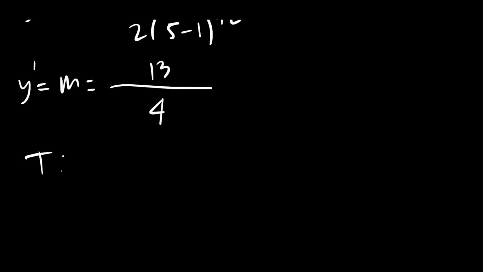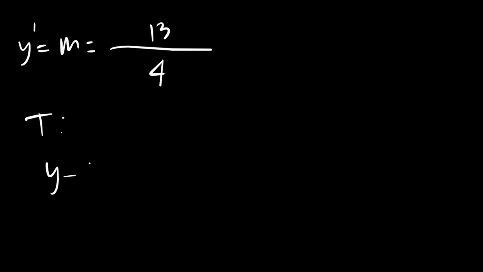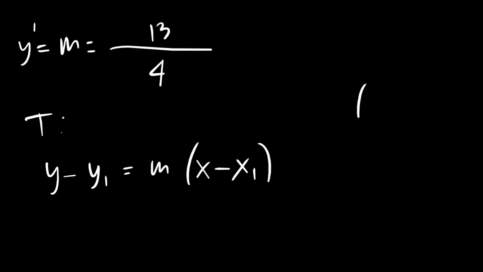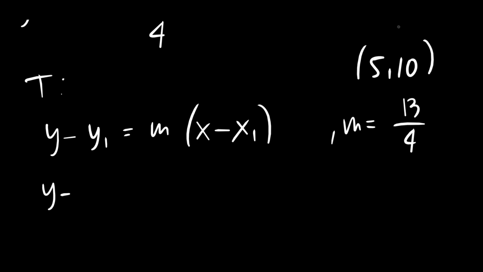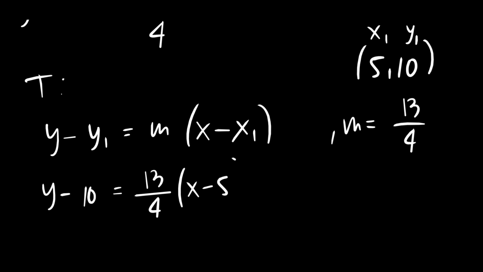So we'll find its tangent. So for the tangent, we'll use this equation: y minus y sub 1 is equal to m multiplied by x minus x sub 1. So the point is 5 and 10, and our m is equal to 13 all over 4. So this is x sub 1, this is y sub 1. So y minus 10 is equal to 13 all over 4 multiplied by x minus 5.